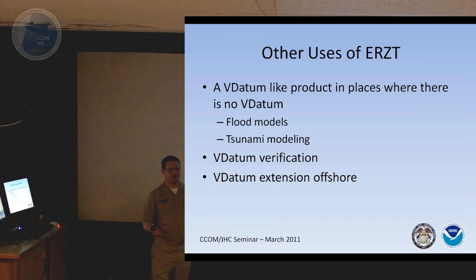Essentially they're doing the entire processing workflow to the chart datum, then doing the entire processing workflow to the chart datum through VDatum, and then comparing the two surfaces, which is a huge amount of overhead on the ship. But if you compute this surface, you're essentially checking that chart datum to ellipsoid offset, and then you just compare that directly to VDatum, exactly like I did here. So this speeds up the whole verification process, for one.